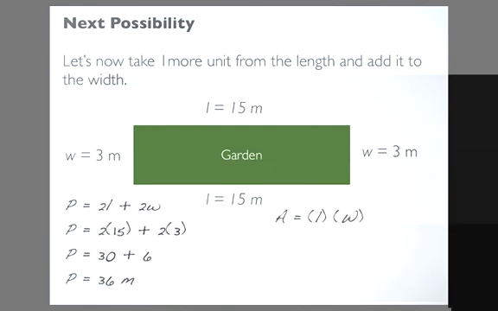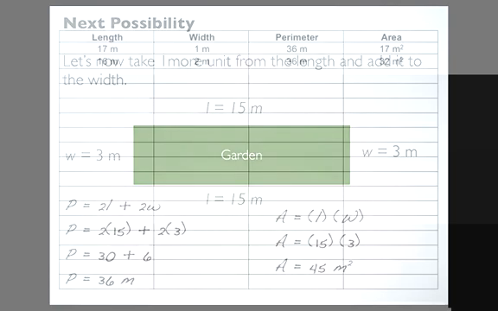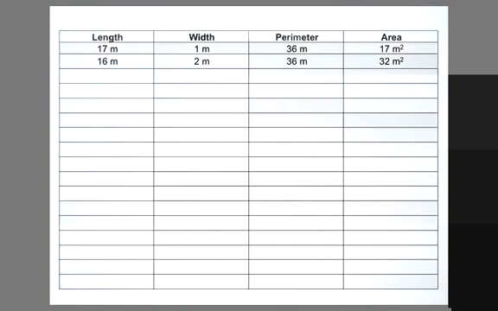Our area is equal to length times width, and in this case we have an area of 45 meters squared. Back to our table to fill in our information. Our length was 15 meters, our width was 3 meters, our perimeter was 36 meters, the same as it always has been, but we have a much larger area again of 45 meters squared.